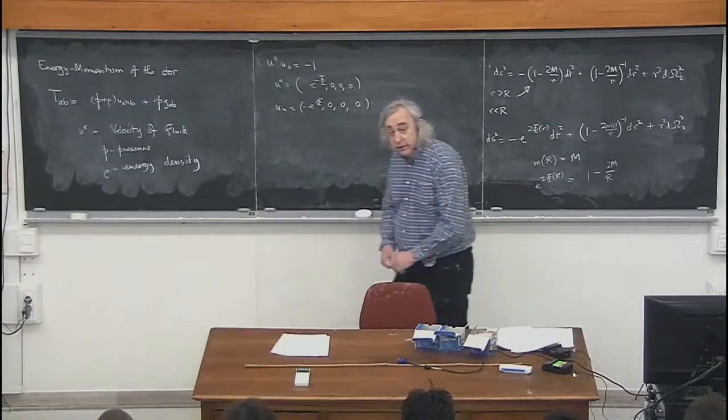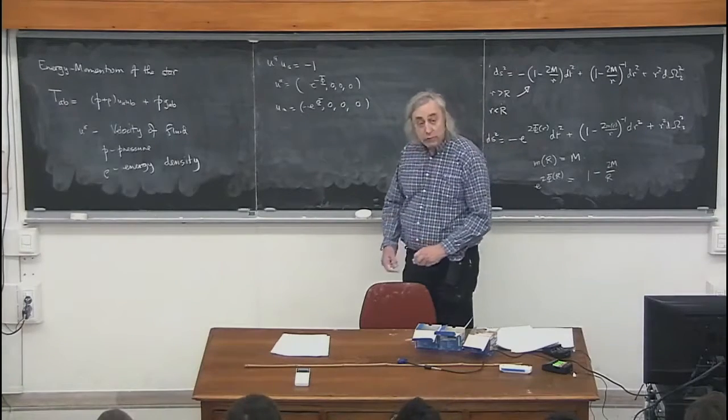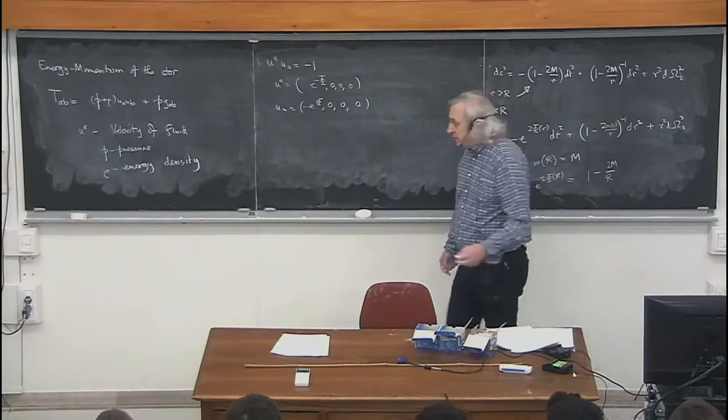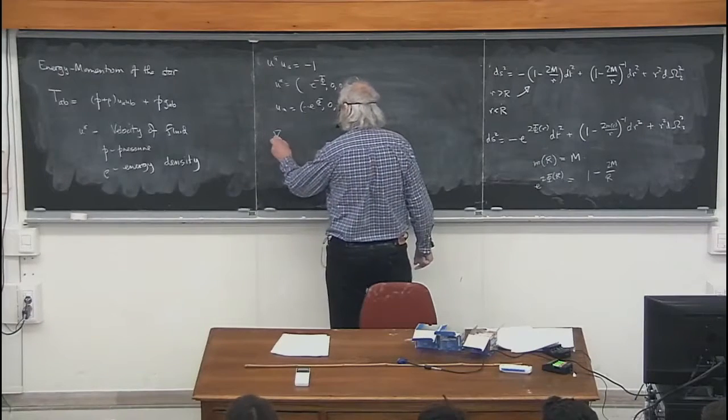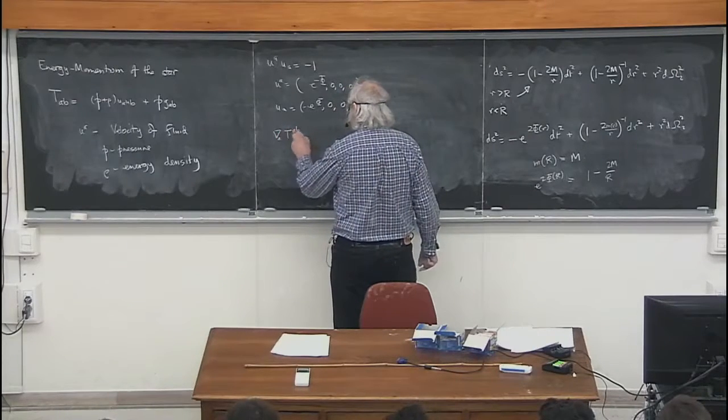Then the simple way to proceed is to just write out the conservation law for the energy momentum tensor. Del_A of T^AB is equal to 0.